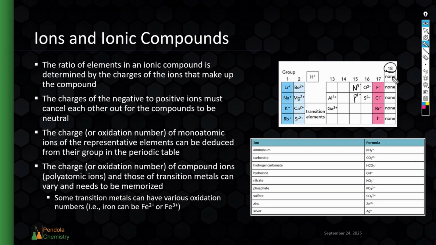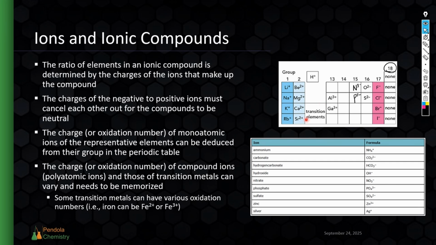Now, important to note that the noble gases do not make any ions, because remember, noble gases don't tend to react very much, and so they will not create ions. So the non-metals on the right side of the periodic table will create negative ions, again based on the group number, and we can tell which charge. And then on the left side of the periodic table, the metals will create positive ions. And if they're representative elements, we can tell by their group number.